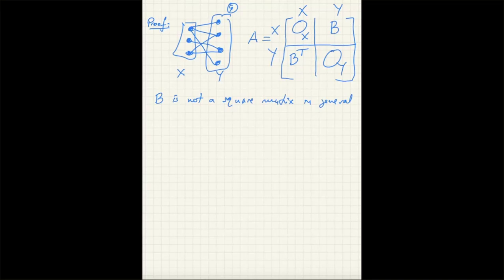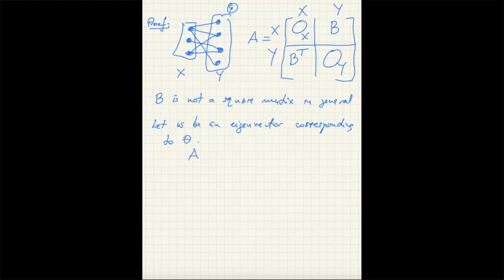So now let's do the first small step to show that if theta is an eigenvalue, minus theta is an eigenvalue, and then we can worry about multiplicity. So let W be an eigenvector corresponding to theta. So what do we have?